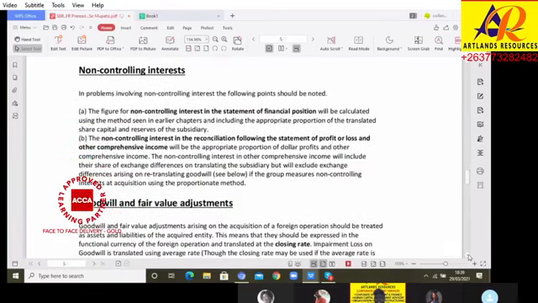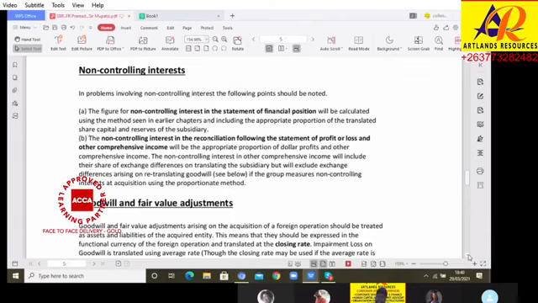So let us now look at non-controlling interest. You know, they arise if you don't own a subsidiary 100%. So they are still valued using the same methods that we have used in previous chapters, meaning you can value NCI using either the full goodwill method or the partial goodwill method. When it's full goodwill method, it means NCI has a share of goodwill.